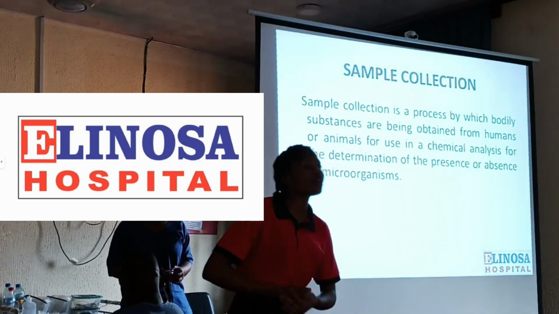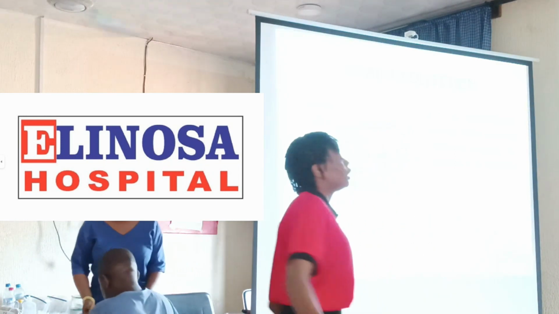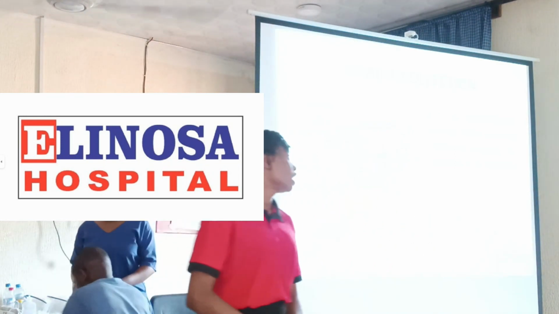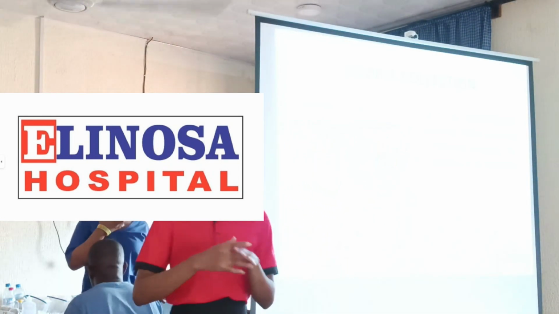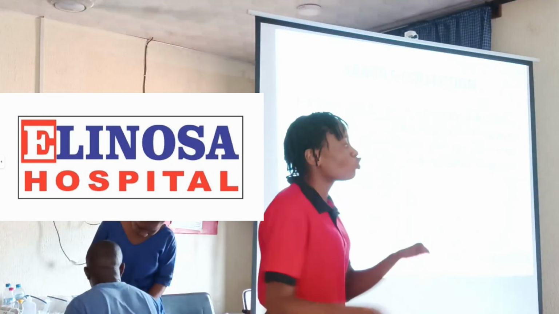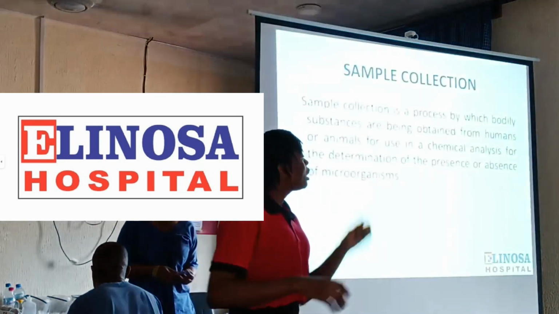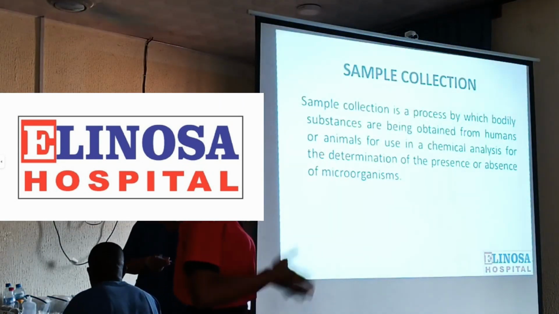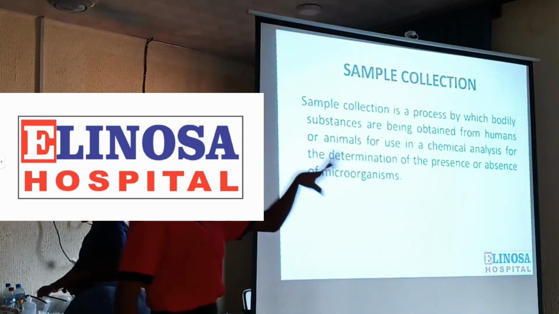So now, if you are asked what sample collection is, for example, your doctor asks you, nurse, please go and collect that sample, and you are now asked, what is sample collection? Sample collection is a process by which bodily substances like blood or urine, their fluids, are obtained from humans or animals.